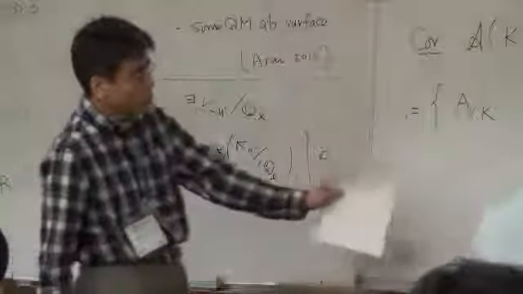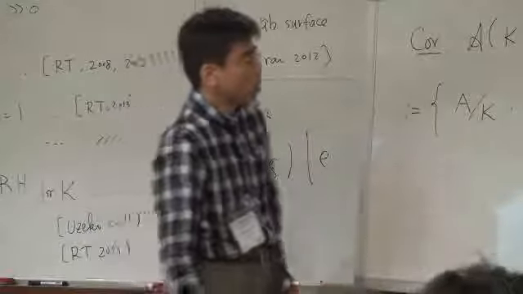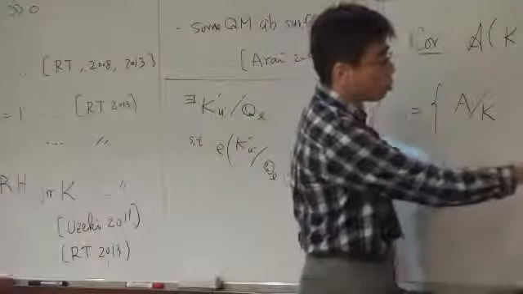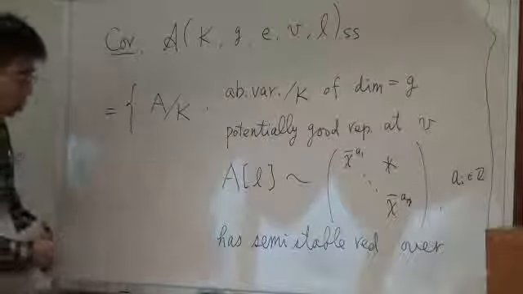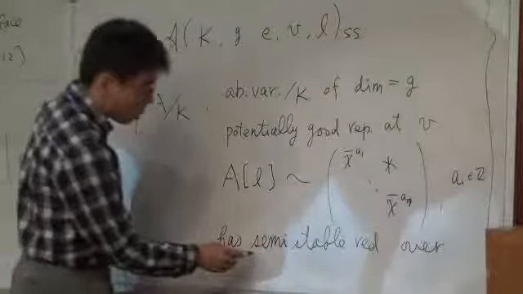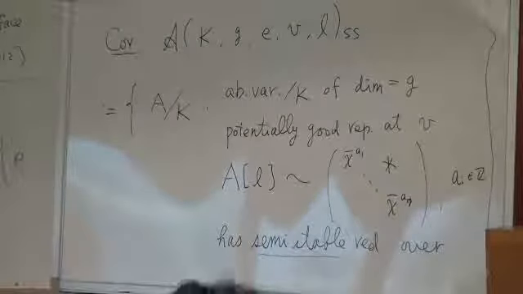The condition looks rather mild in that we only assume good reduction at v, one place. But in fact, this semi-stable condition is rather strong, and it is very difficult to remove.